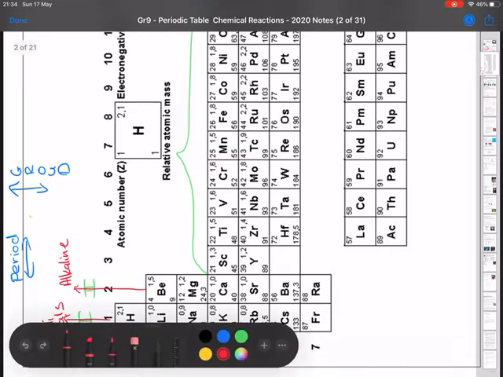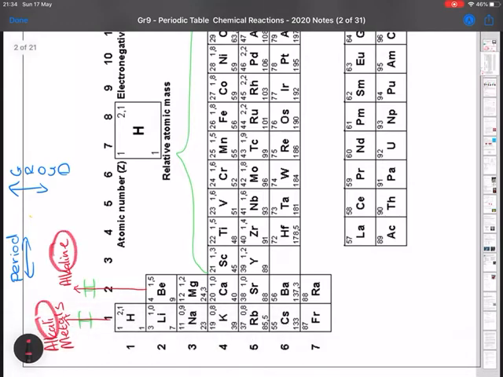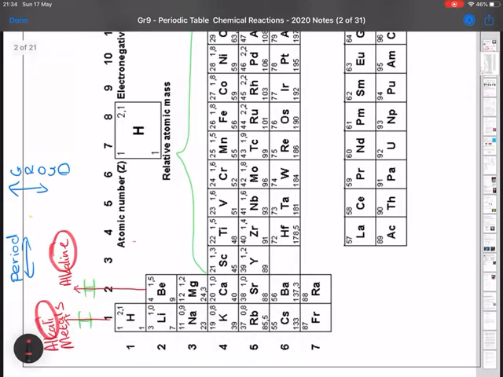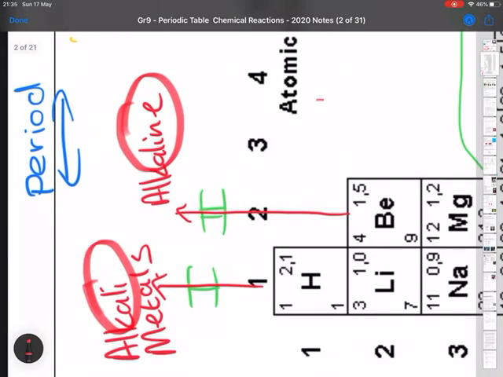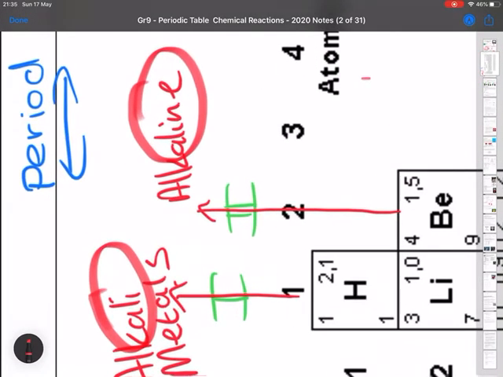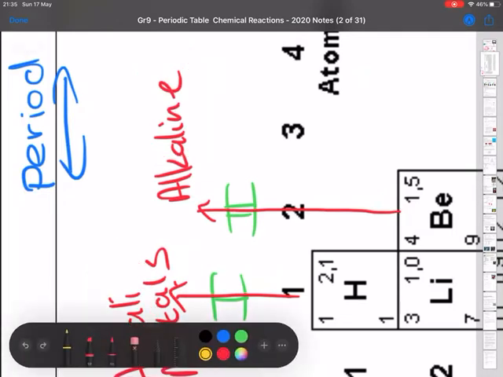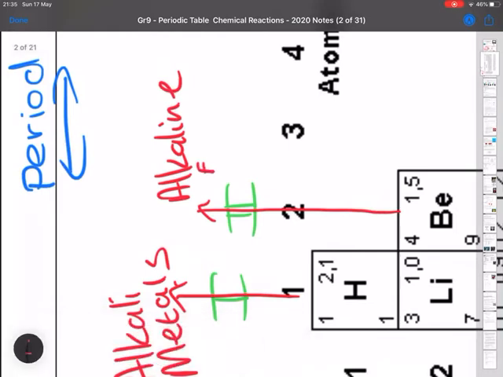Please don't mess that up in tests and exams. Highlight it or underline it or make a note so that you don't get confused. Group 1 is alkali metals, group 2 is alkaline earth metals. And as the name suggests, guys, alkali metals and alkaline earth metals, they are metals.